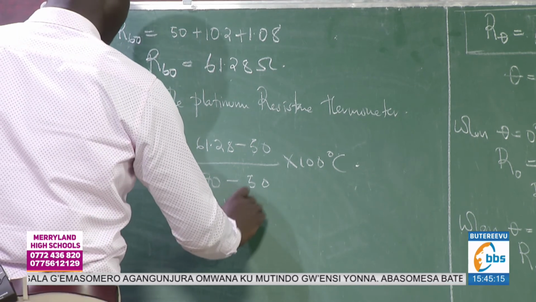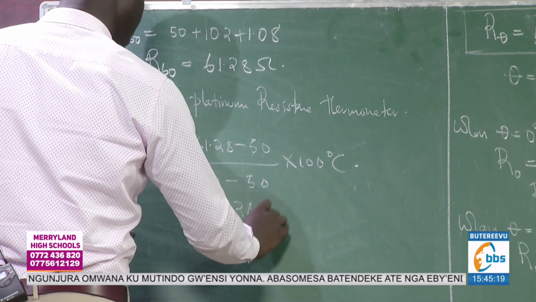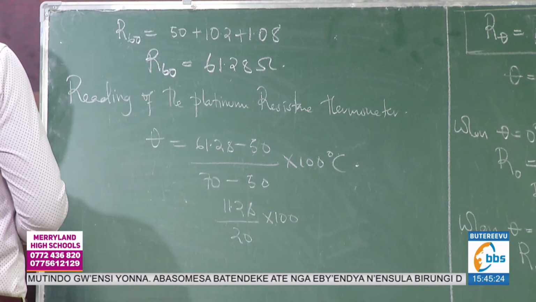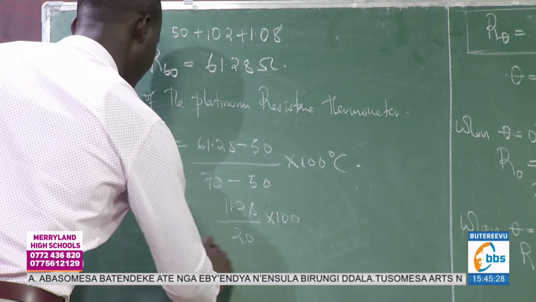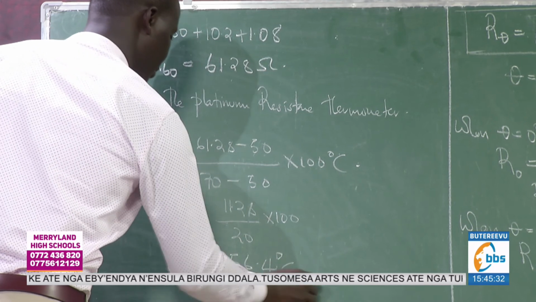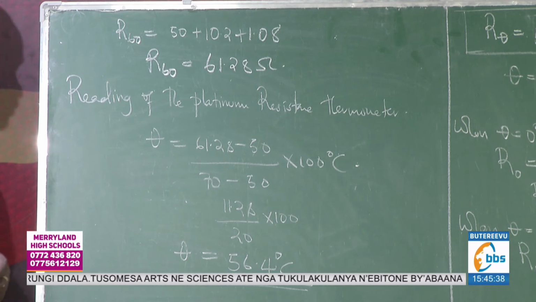So this is 11.28 divided by 20 multiplied by 100. So we are seeing that the platinum resistance thermometer would rather read 56.4 degrees C. That is what we have.